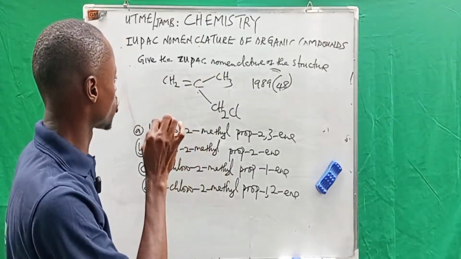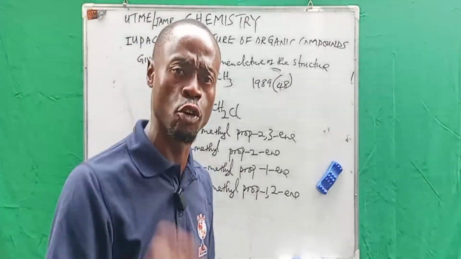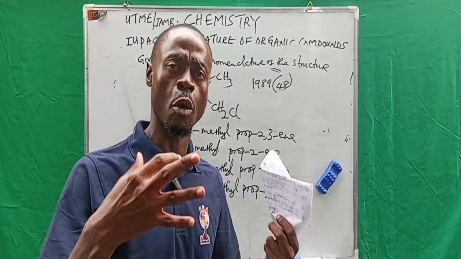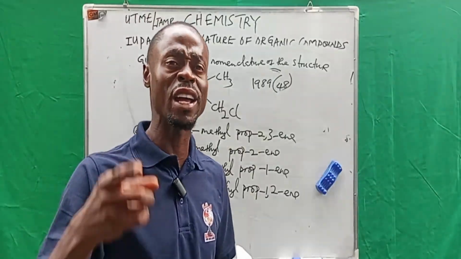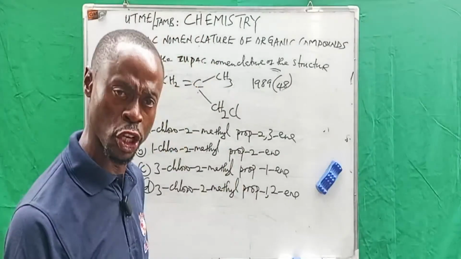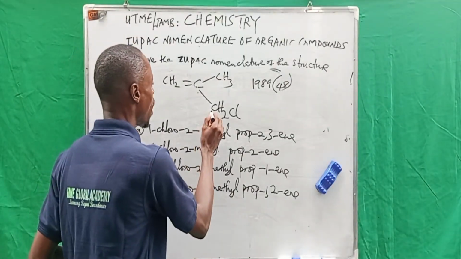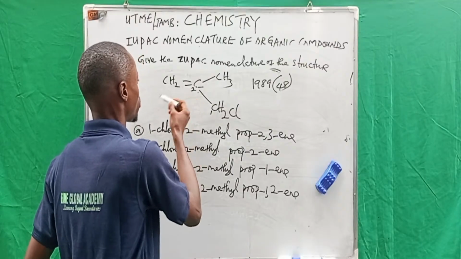But looking at this structure, the next rule, I said, identify the functional group in the structure, which must be given preference or priority in terms of numbering to locate our longest carbon containing chain, as we have it on the board. From this end, 1, 2, at carbon atom 2 we have the functional group.